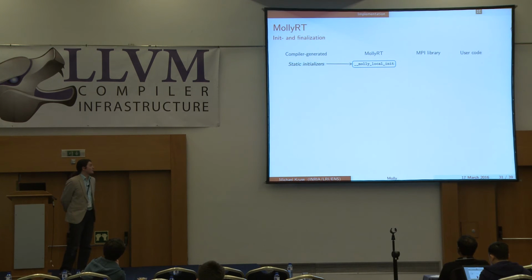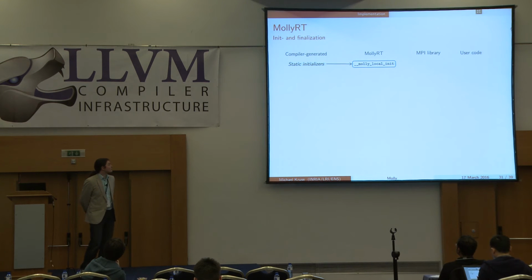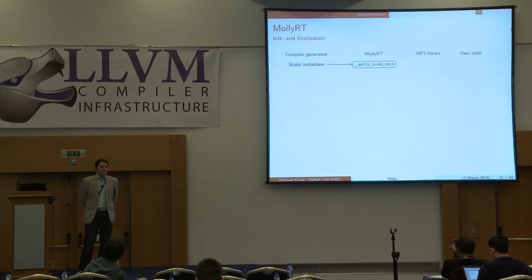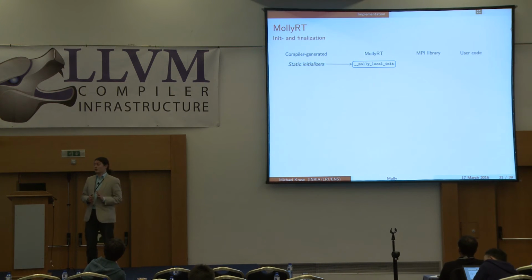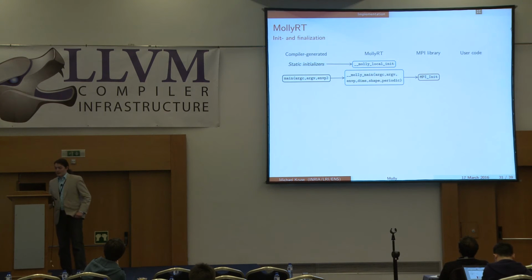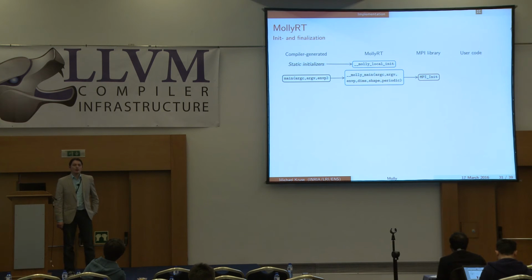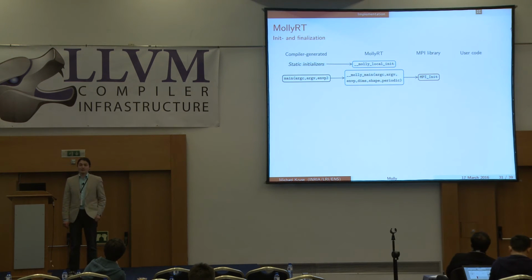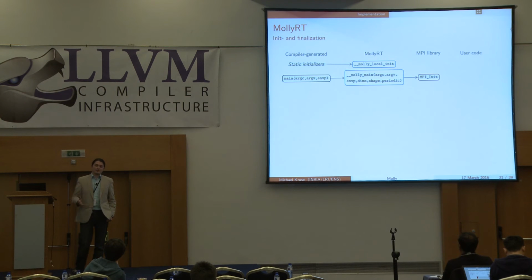So that's the compile time; the control flow between the Molly runtime and the rest would be like this. We have some static initializer, what's called the local init, which allocates the local part that we need for each of the nodes. Then the main would be called, and because MPI requires the argc and argv, I need to pass this information somewhere.